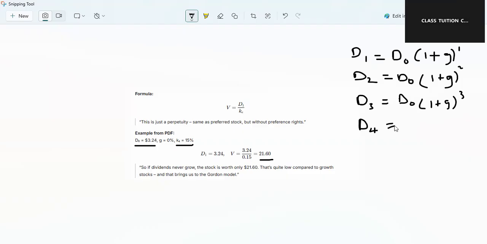If you're going to use D3 here, what becomes our power? 1, because the difference between the two is 1. If this was constant growth, you can even use the same formula to get the answer. If it was D4 on D2, the difference is in the years. So this is what you need to know.